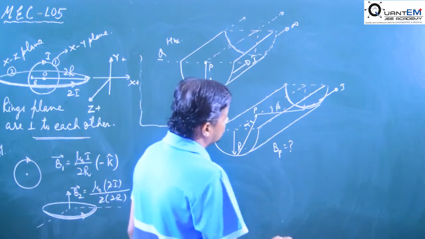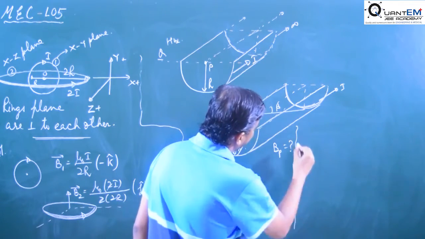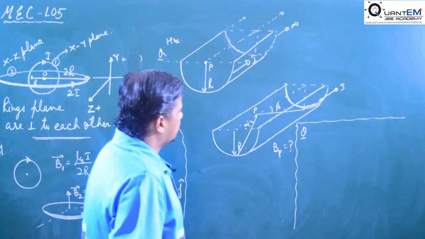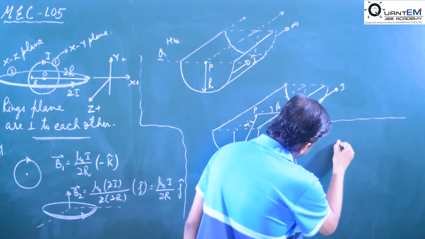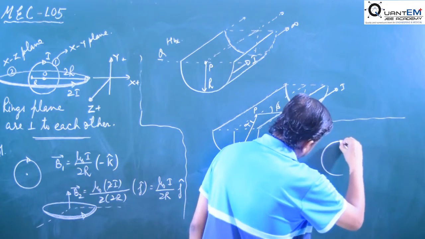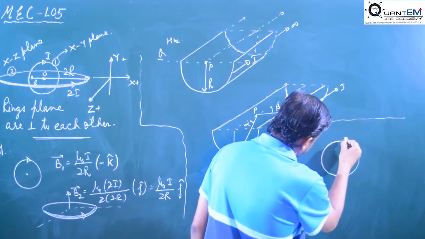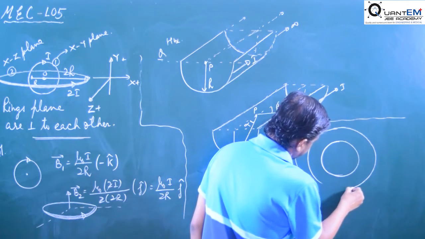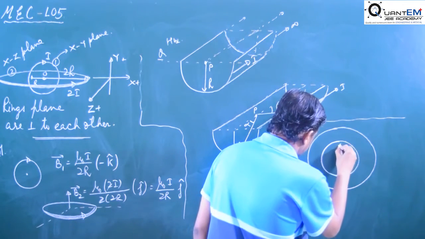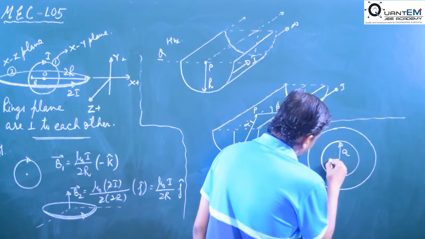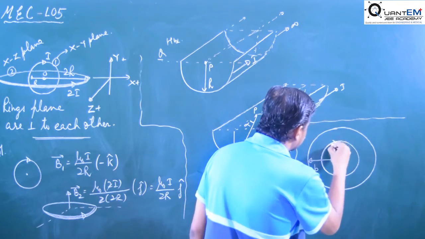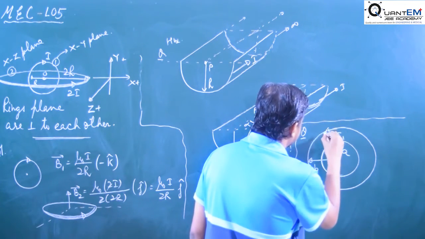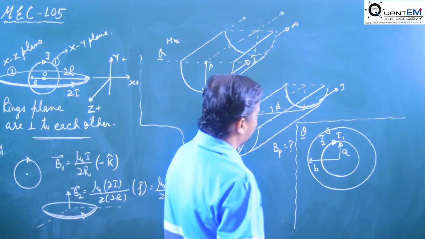Now we come to the question. This radius we have A, this radius is B, here current is I1 in clockwise direction, and here current is I2, it is in anti-clockwise direction.